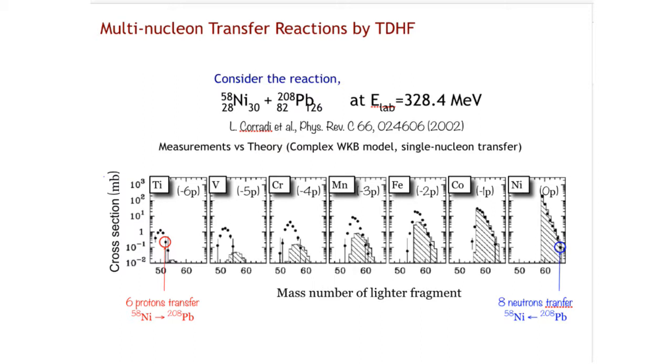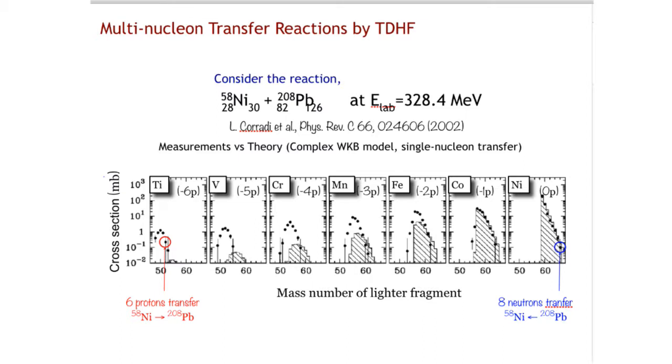For example, here, the 6-proton transfer from nickel to lead is seen here, and the 8-neutron transfer from nickel to lead is seen here. So I'd like to show how the TDHF describes the reaction cross-section of this transfer reaction.